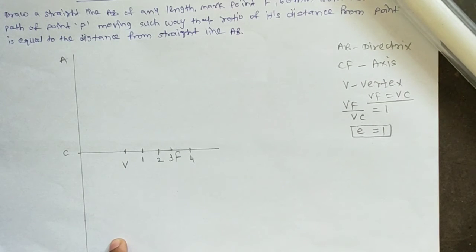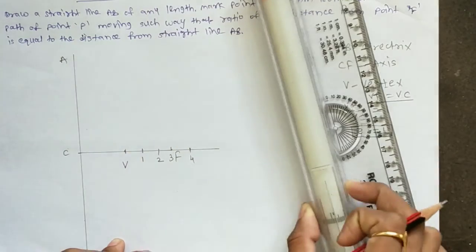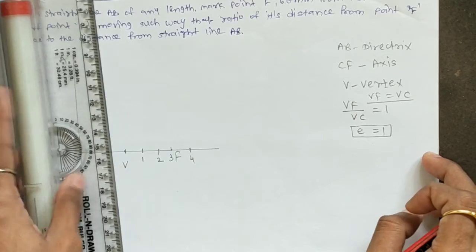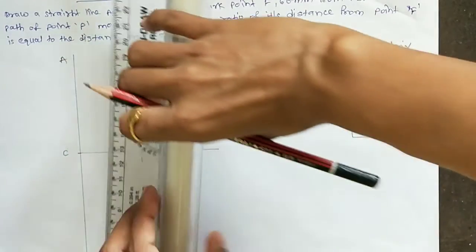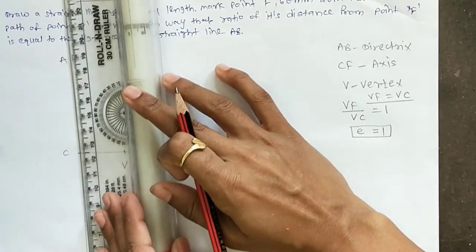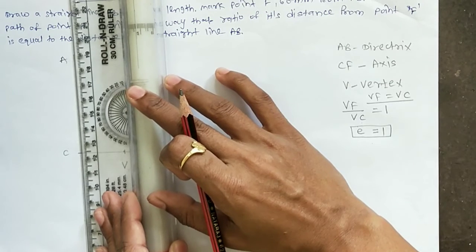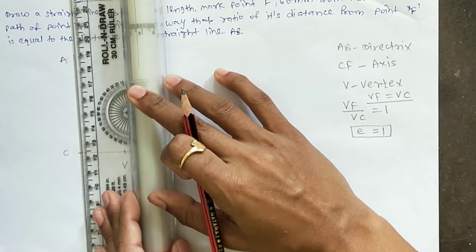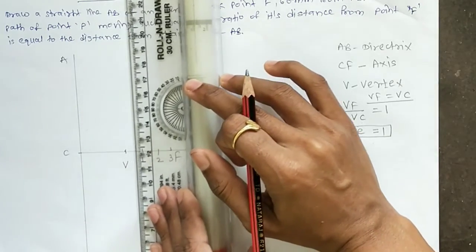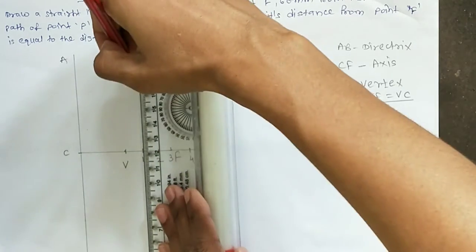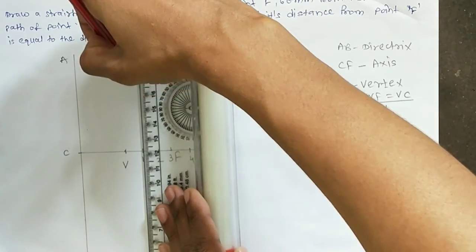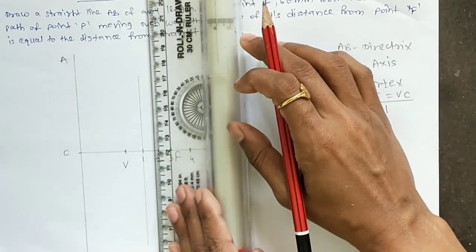Then draw perpendicular from point 1, 2, 3 and 4. So while taking perpendicular, draw a line parallel to this AB line. So I will take line parallel to AB and from 1, 2, 3, 4 draw it.